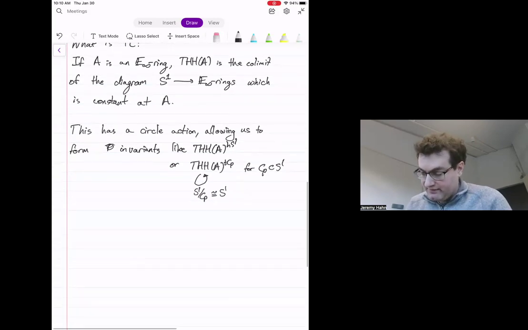And from just these invariants, if A is connective, Nikolaus and Scholze defined TC.